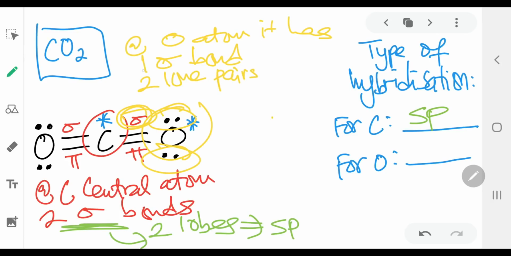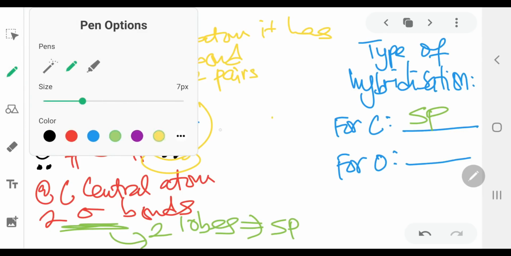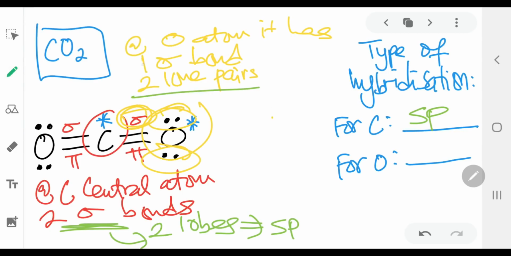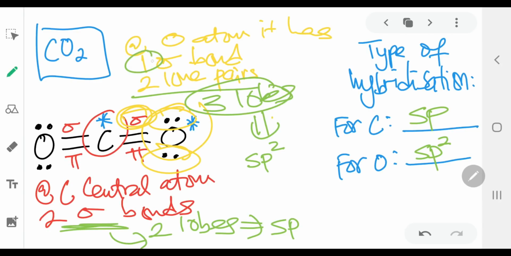So you have 1, 2, 3. Therefore, you have 3 lobes. 3 lobes is SP2. Okay, so for the oxygen, the hybridization would be SP2 because you have 3 lobes. 1, 2, 3 lobes.